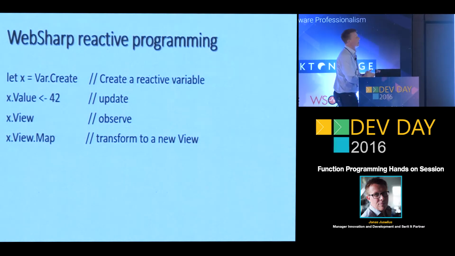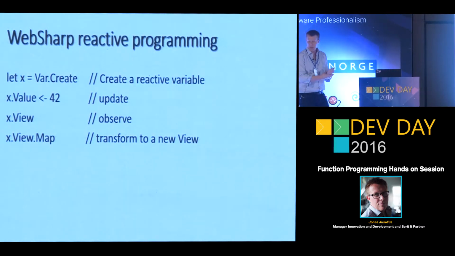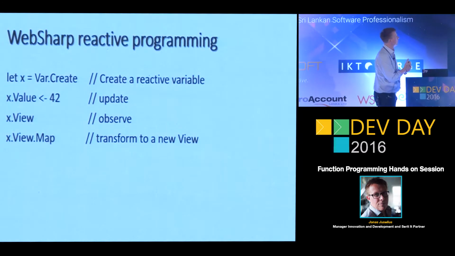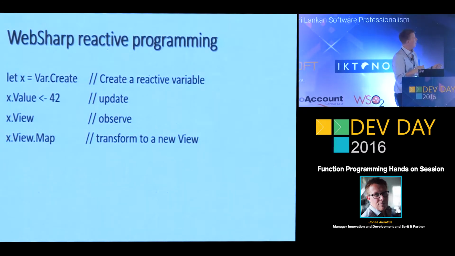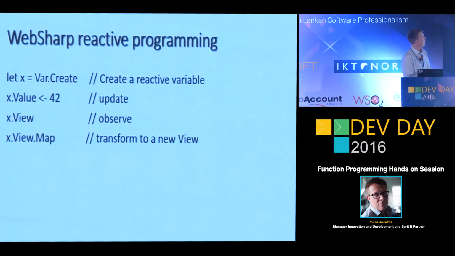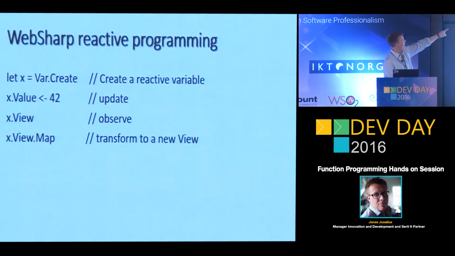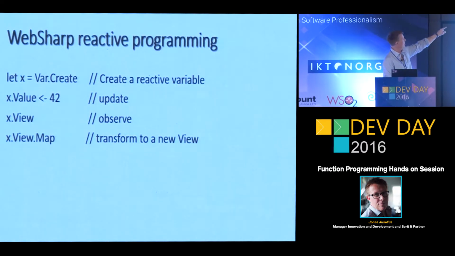And then finally, a little bit about WebSharper reactive programming. We're going to use it in a very simple way, but there's a function called Var.Create, which creates a reactive variable. We can update it by saying x.Value and using this sort of pointy arrow to give it a new value.